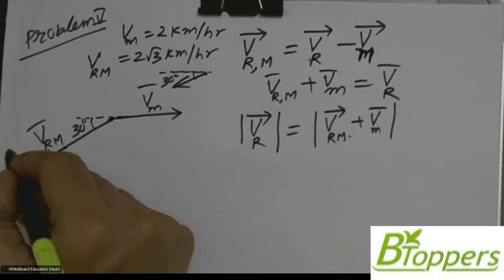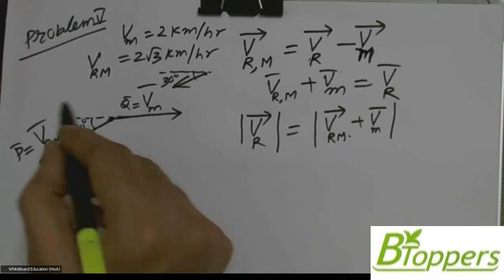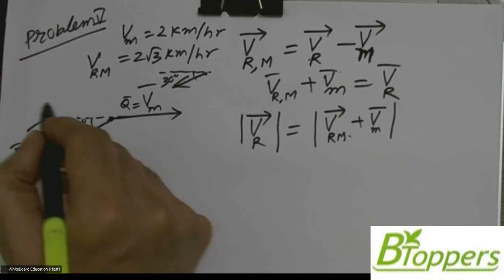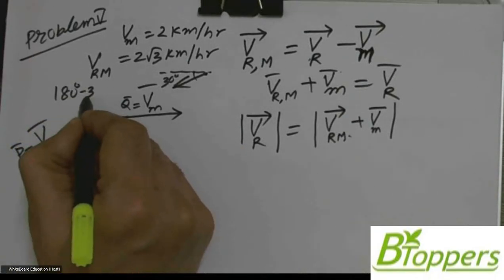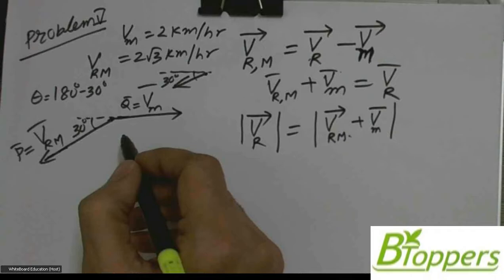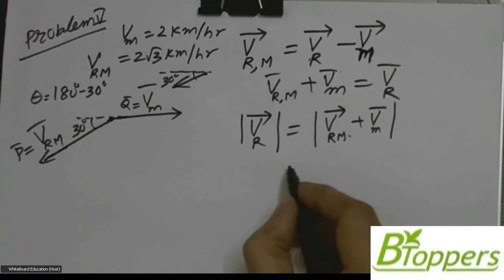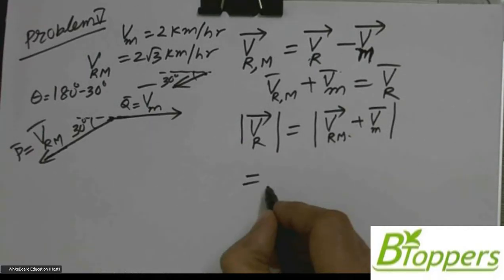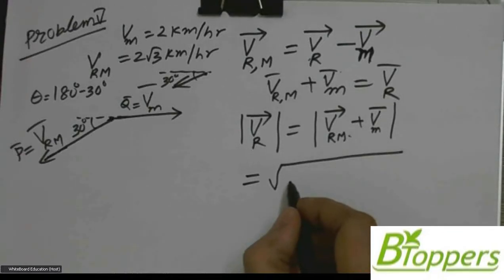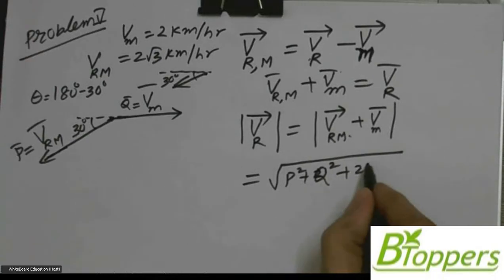Here the angle theta between the two vectors is 180 degrees minus 30 degrees. So using the formula, the square root of P square plus Q square plus 2PQ cos theta.